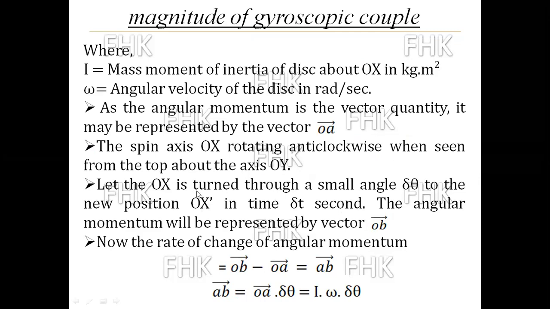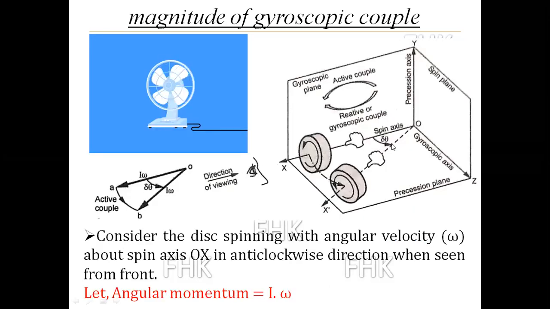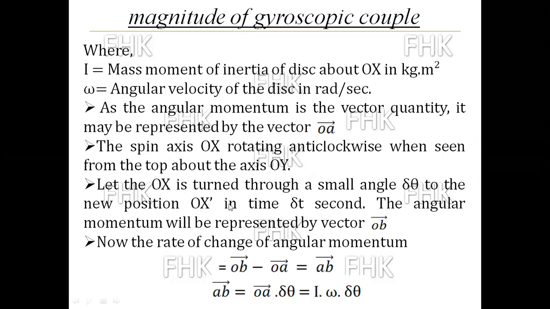Let OX be turned through a small angle delta theta, the small angle through which the spinning body or spin axis is rotated, to the new position OX dash in time delta t seconds.